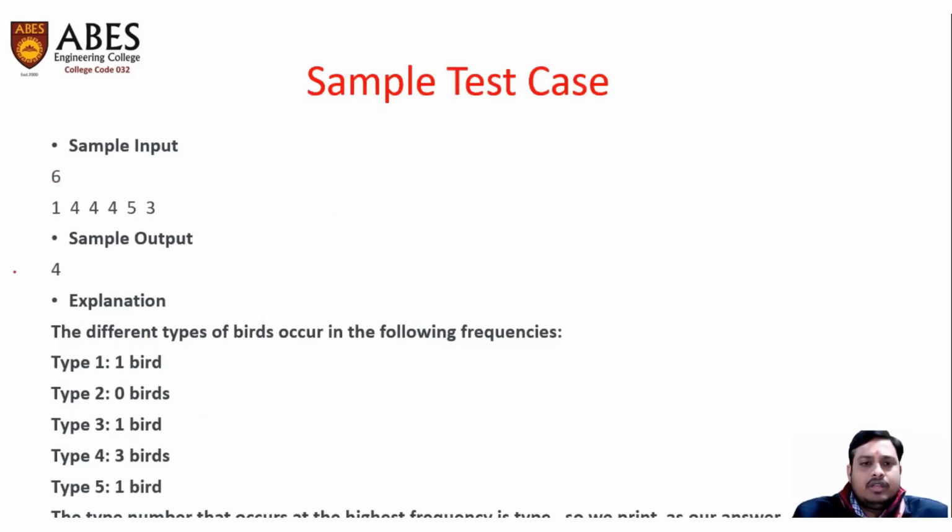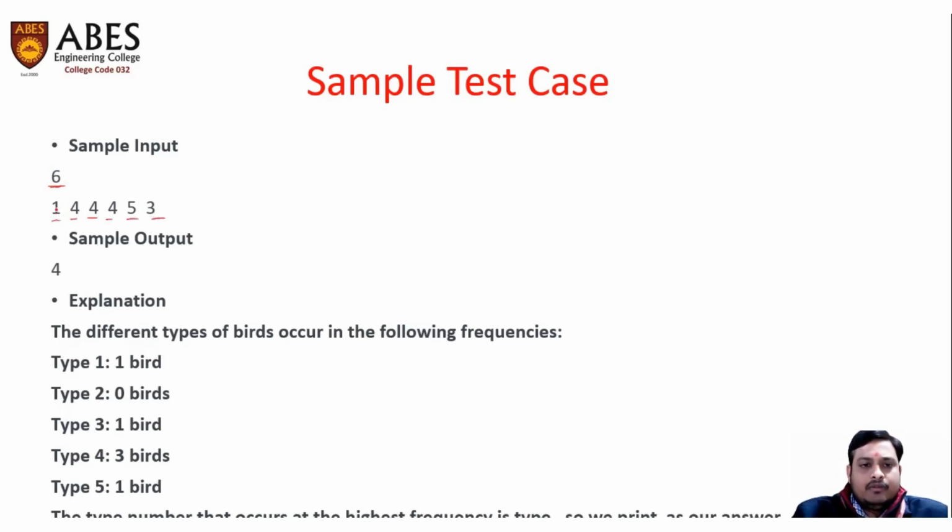If we talk about the sample input and output, you can see here 6 is the input, representing the number of birds. In the next line, we have 6 space separated integers representing the IDs of the birds, like 1, 4, 4, 4, 5, 3.